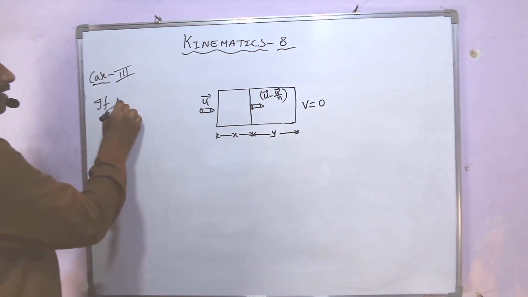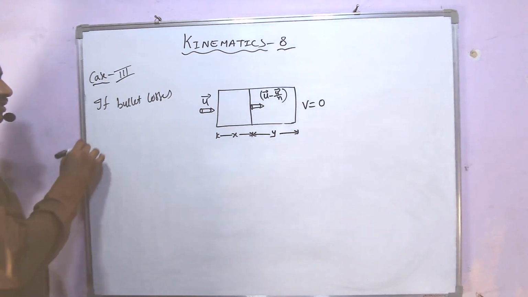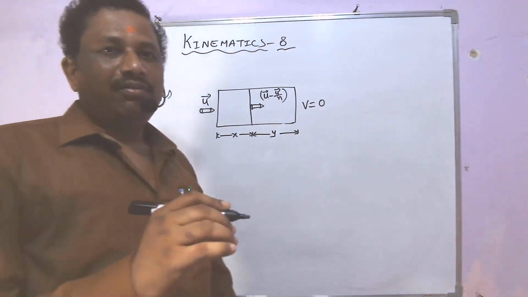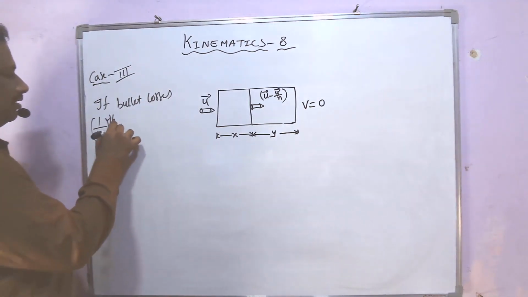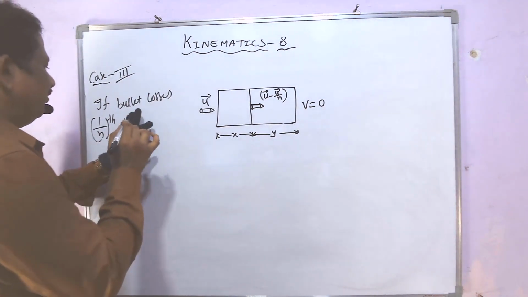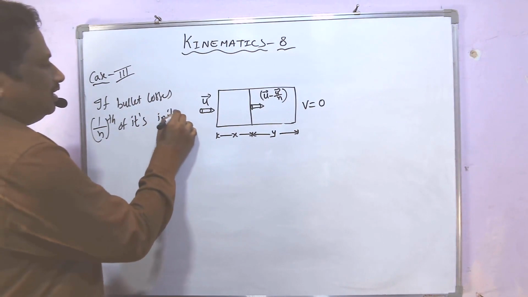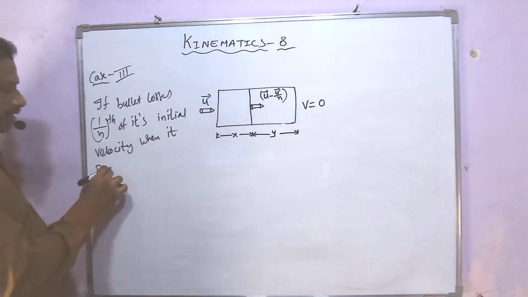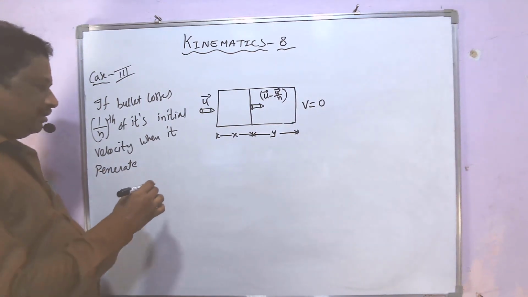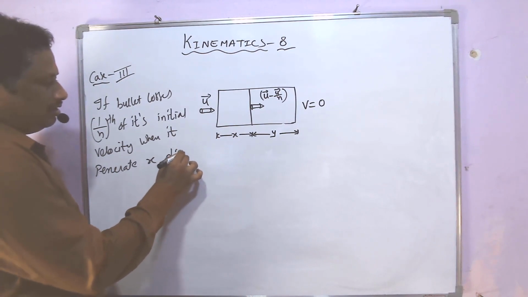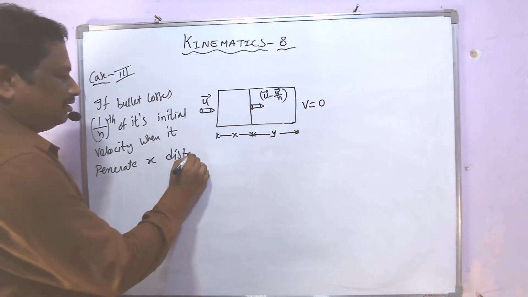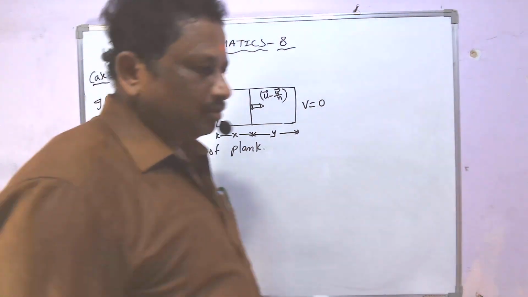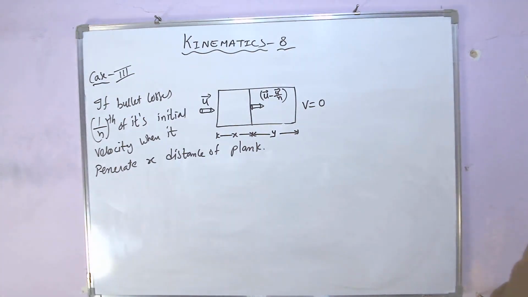If a bullet loses 1 by nth of its initial velocity when it penetrates x distance of the plank, how much further distance does it travel before it comes to rest?